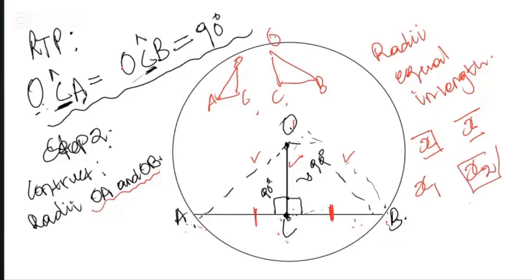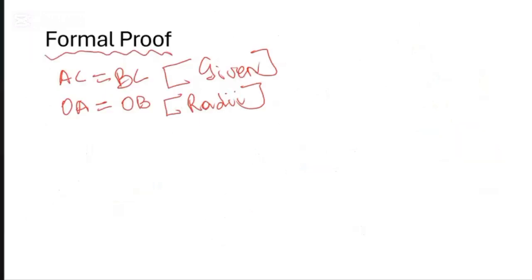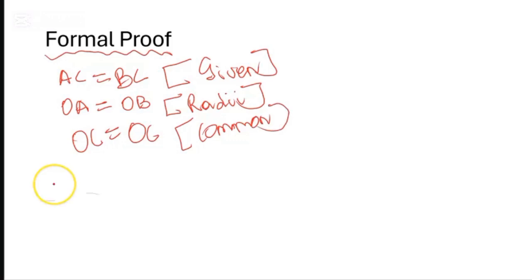Are we okay? So now we are saying OC is equal to OC, which is common, because it appears on both triangles.